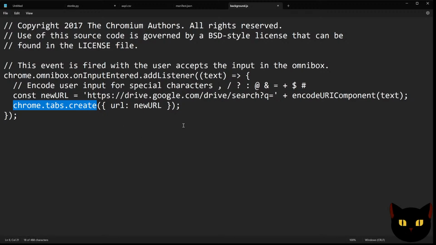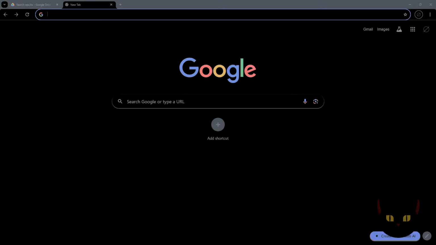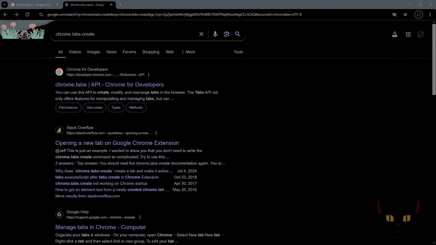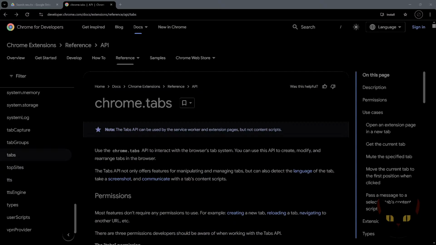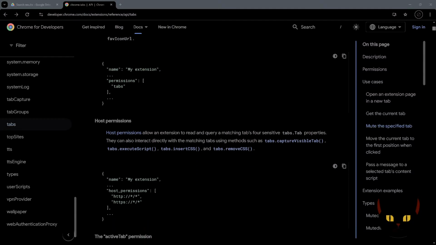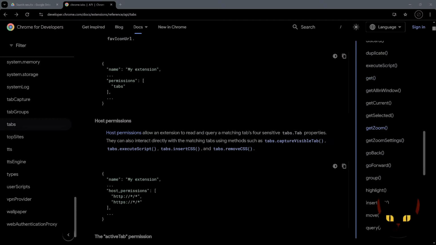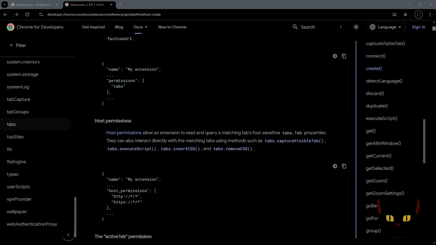If it's not create, it's going to be Chrome tabs, something else. See if it's a link and create.